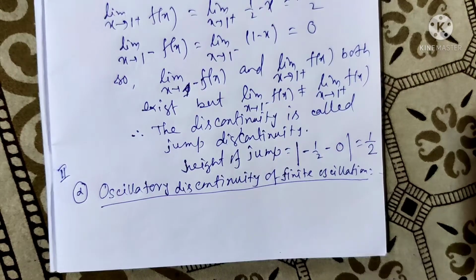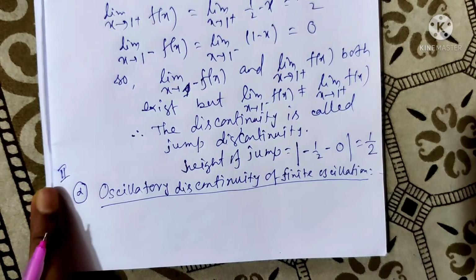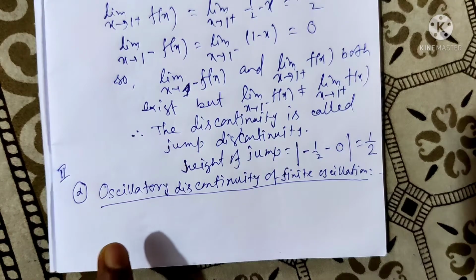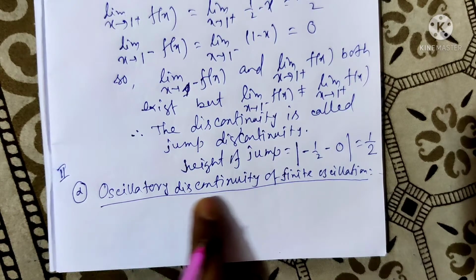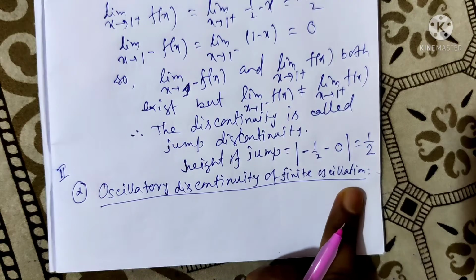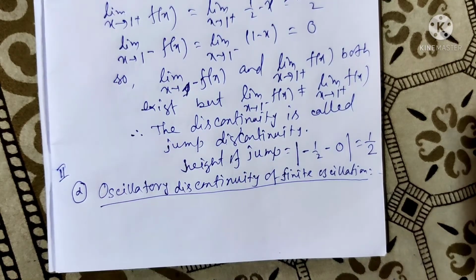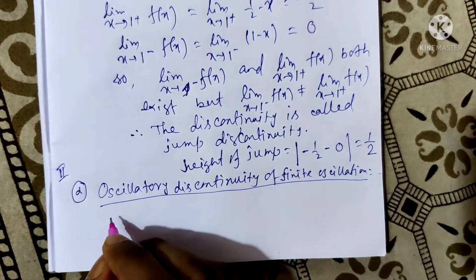Now the discontinuity of the second kind. This is first the oscillatory discontinuity of finite oscillation, which is also a type of second kind discontinuity.